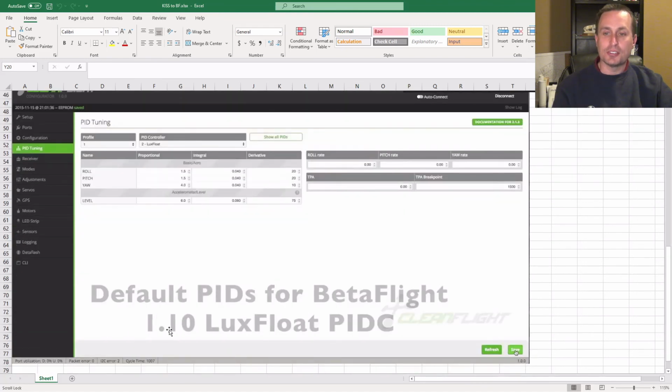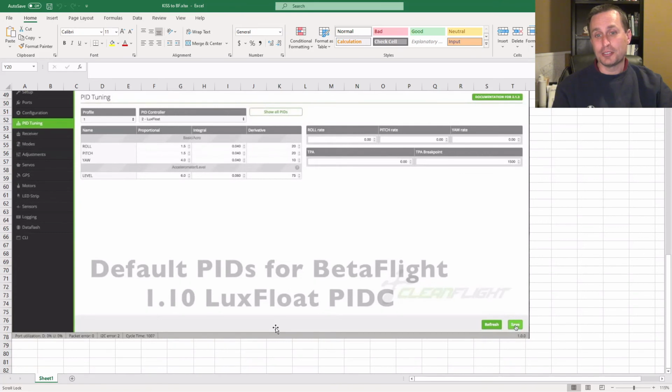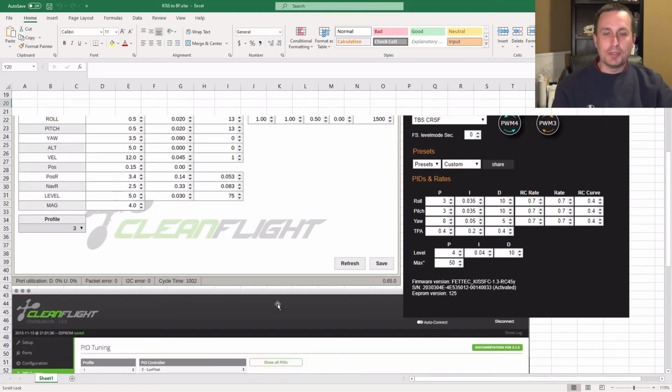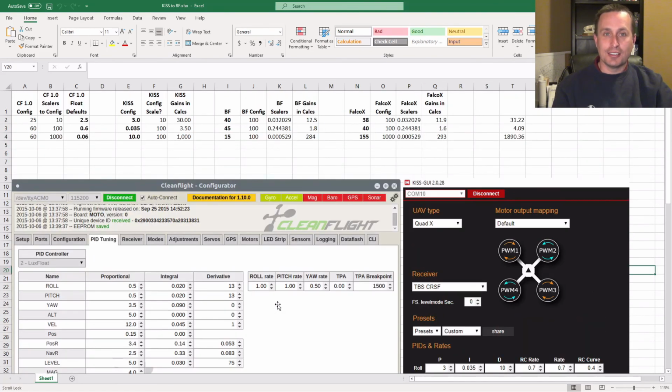And again, this was Cleanflight around version 1, where they were implementing the Luxfloat PID controller, basically using float variables, versus, you know, computer science stuff. But anyways, they were expanding into some more precision in the math with the Luxfloat controller.